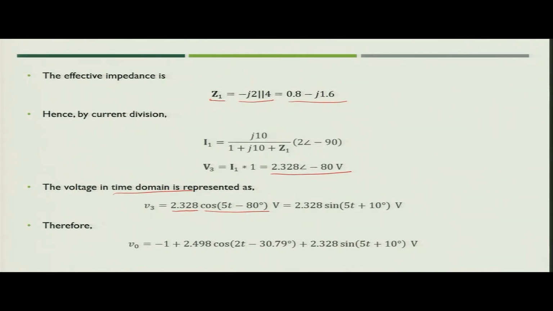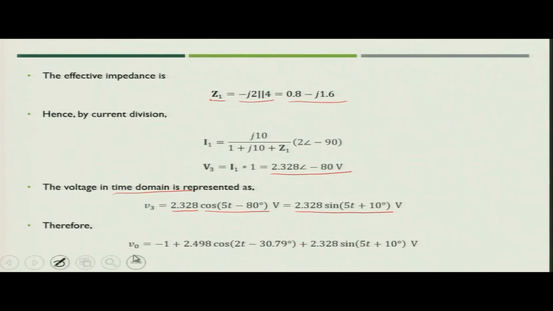The current was written in terms of sine 5t, so we will convert it back into sine. It becomes 2.328 sine(5t plus 10 degrees), because cos(5t minus 80 degrees) can be written as sine(90 plus 5t minus 80 degrees). So, this simplifies to 2.328 sine(5t plus 10 degrees).